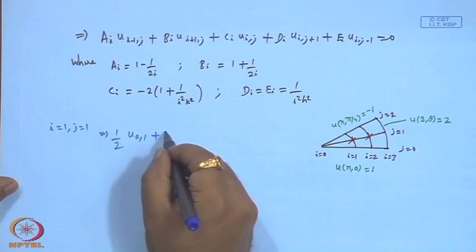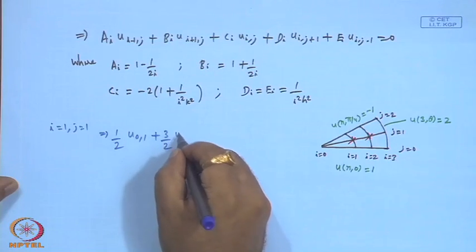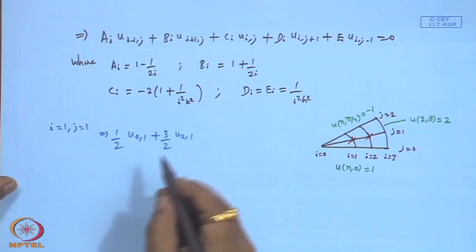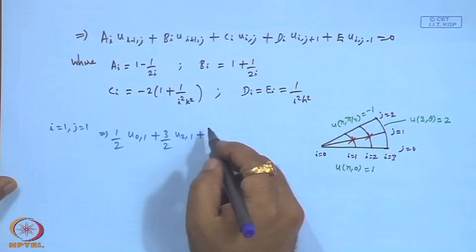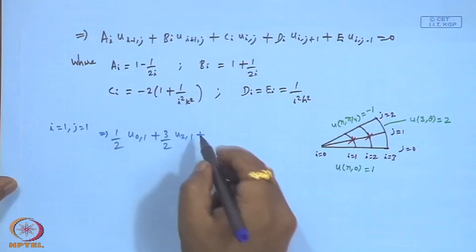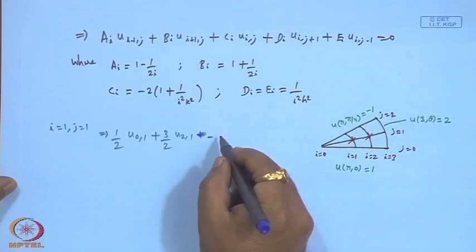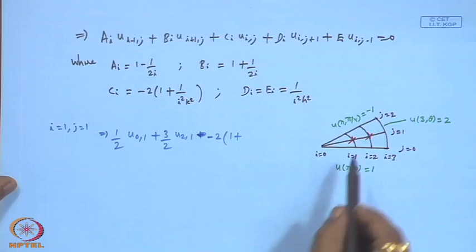So, this is 3 by 2 and u_21 plus, so c with minus, I am sorry, minus 2, 1 plus.